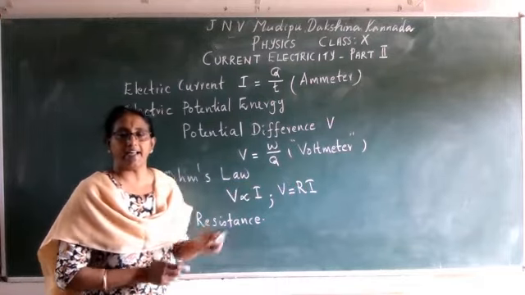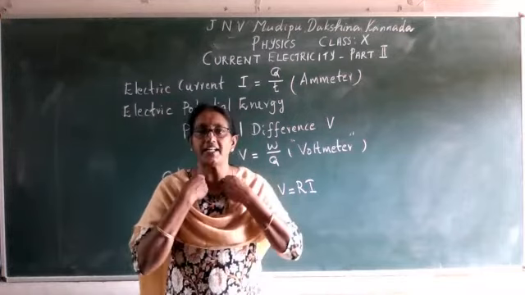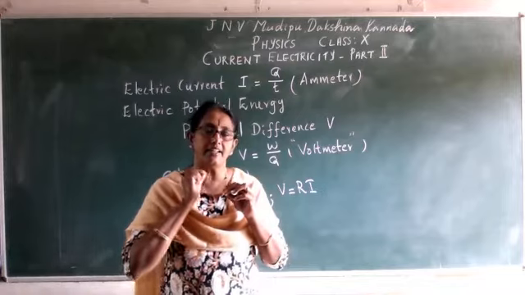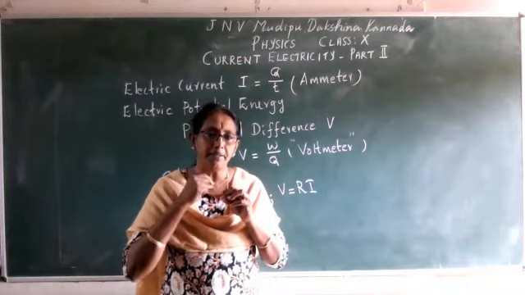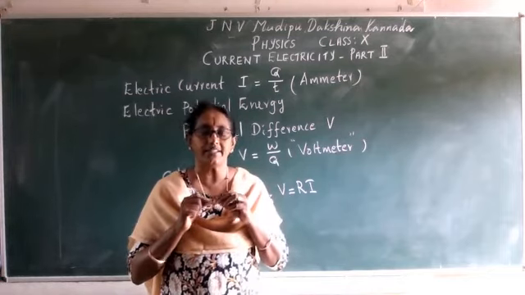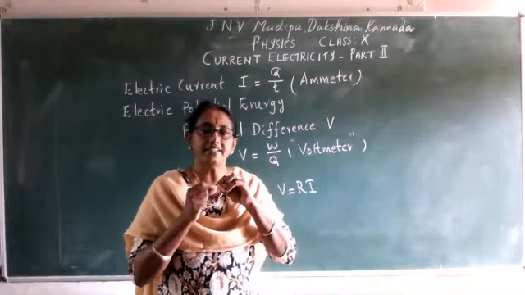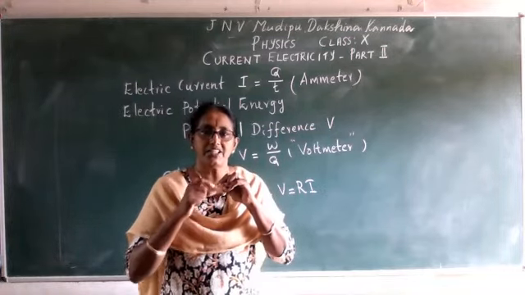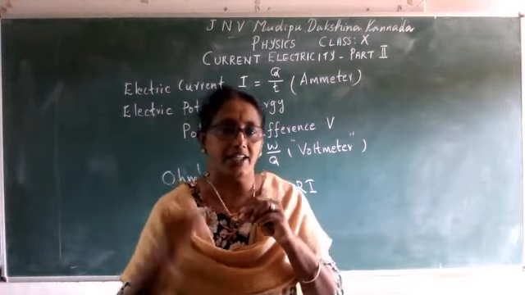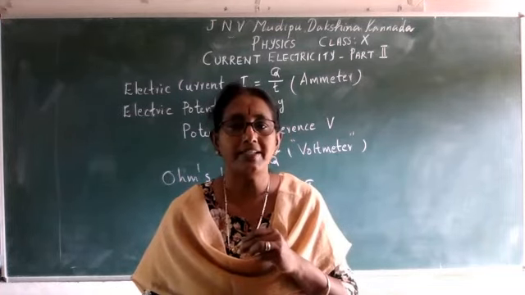So what is this parallel and series connection? You can compare it with a chain. See, I am wearing a chain here. The beads you are seeing here, one after the other, are connected one after the other. That connection can be called a series connection. Whereas this pendant here is a parallel connection.